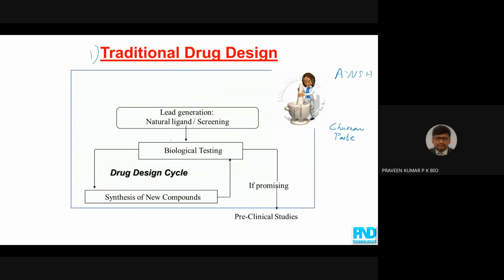So it's a random kind of natural ligands we can get. If you take relief from cold, the best tree is neem leaves. Neem leaves are best used for treatment of cold and cough. But if you see these neem leaves, they contain more than 200 compounds.